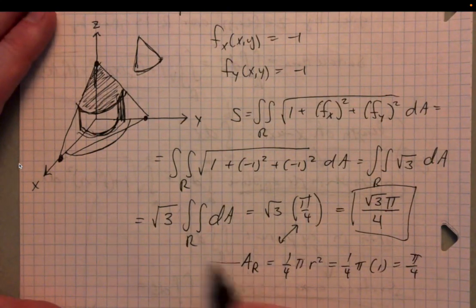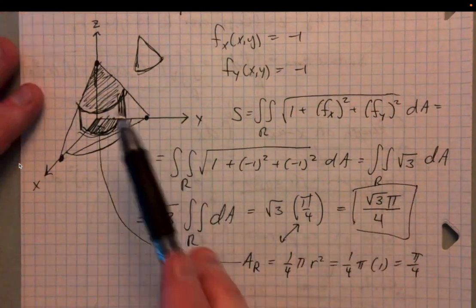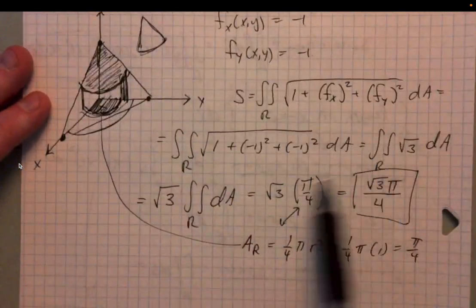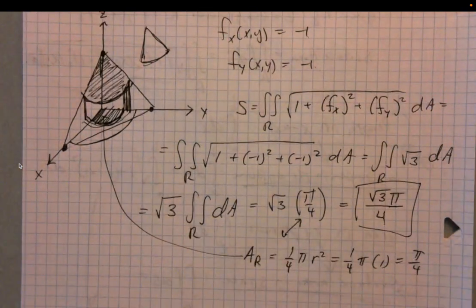Okay, so that's the area of the region down here. And what we found is that because this has constant partials, this basically just becomes a constant times the area of the region. And that's why this one is relatively easy to sort out. But that won't always be the case.